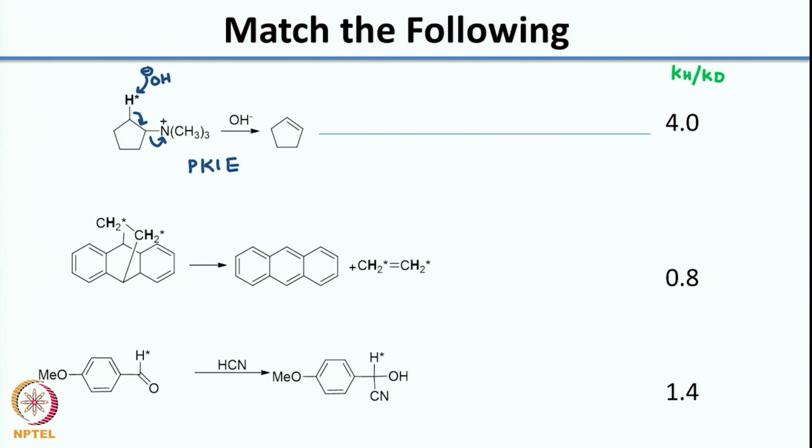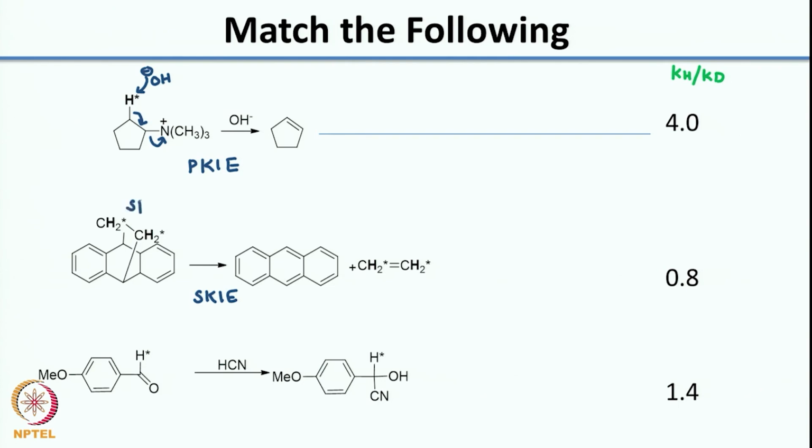Now, let us look at the second and third reaction. In the second reaction, is the CH bond broken? The CH bond is not broken. So, you know that it is a secondary kinetic isotope effect. Now, what you need to look at is the change in hybridization. What is the hybridization here?